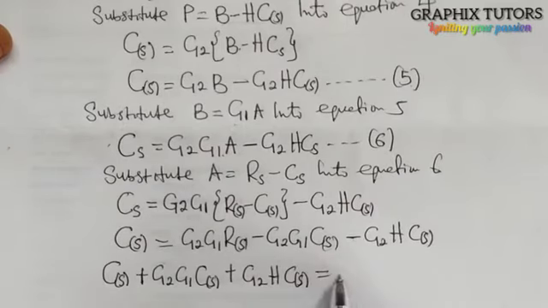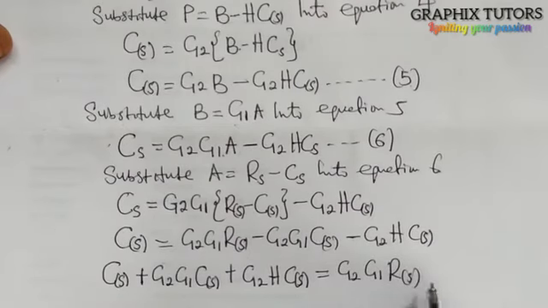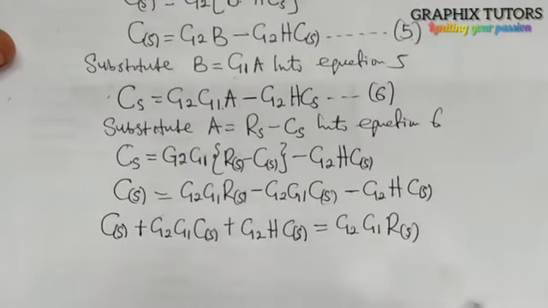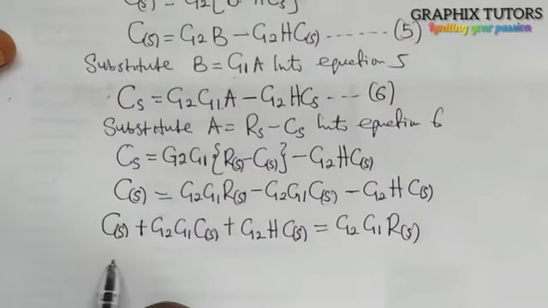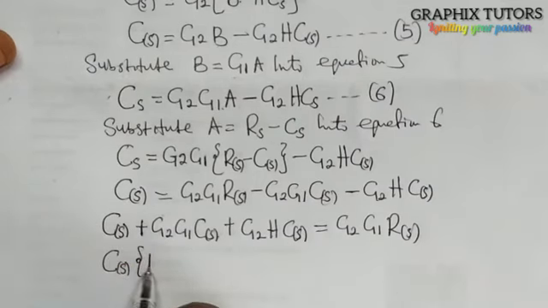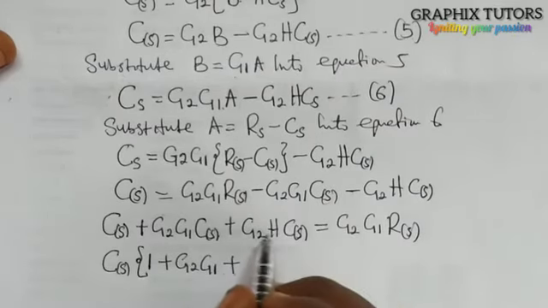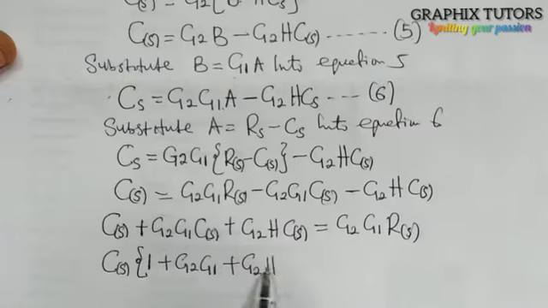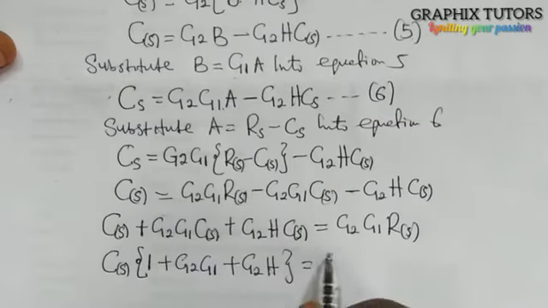Equals, we're left with G2G1R(s). Now, what is common throughout? C(s) is common. If I factorize it out, the quotient of C(s) remaining here is 1, plus the quotient remaining here is G2G1, plus the quotient remaining here is G2H, right?